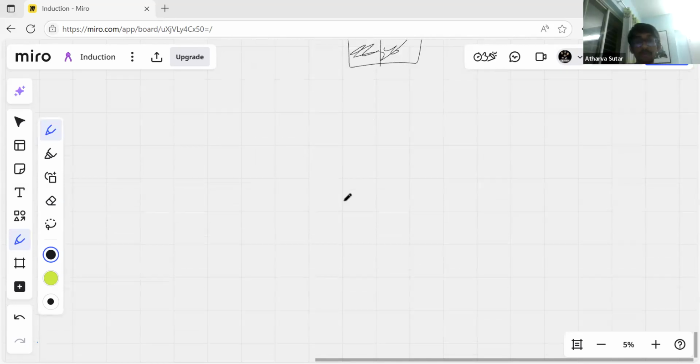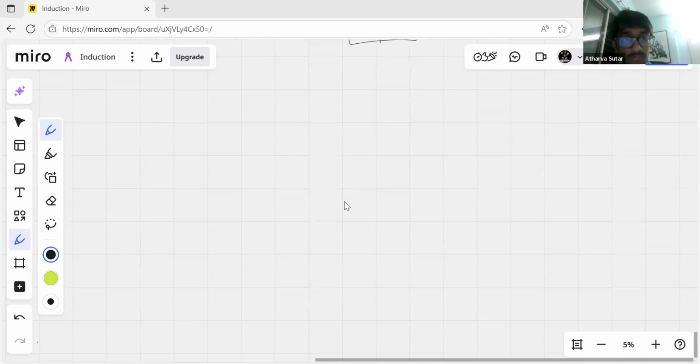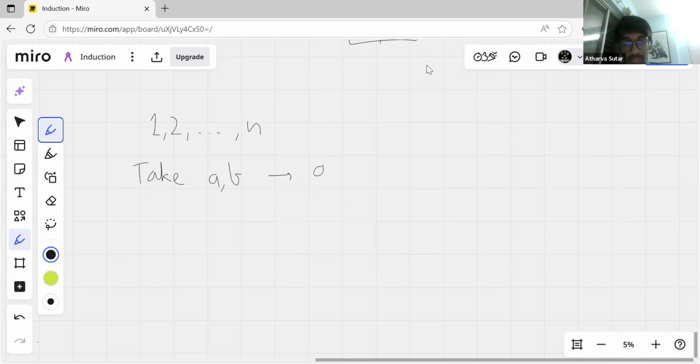Okay. So yeah, this is IMO 2025 P2. So the problem is that you are given all of the numbers from 1 to n. And the operation is that you can take any two numbers, a and b, and you can replace these two with a single integer (a plus b) by 2.